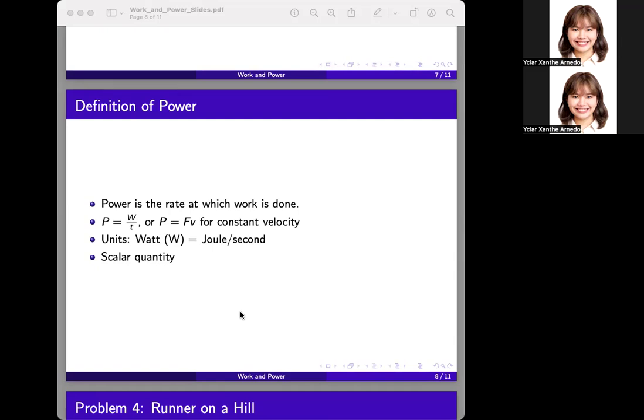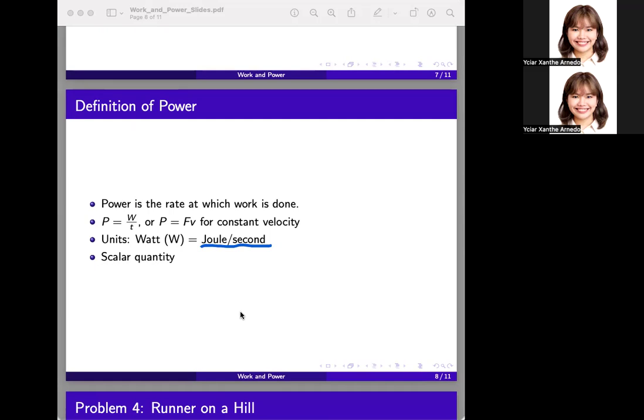The power obtained this way is specifically called the average power, and the SI unit of power is watt, which is also equivalent to joules per second. So it's a fraction because, again, power is the rate at which work is done.